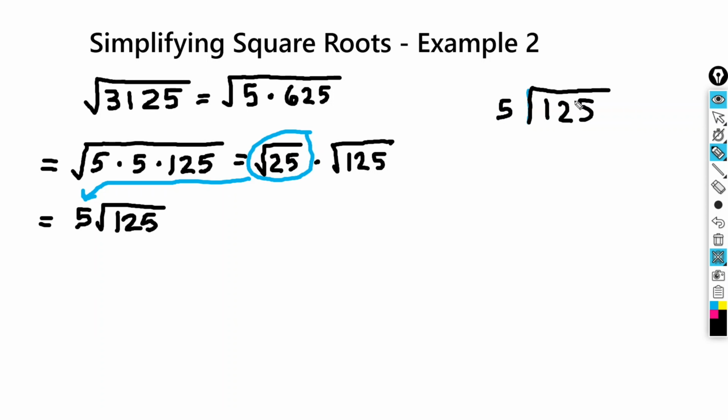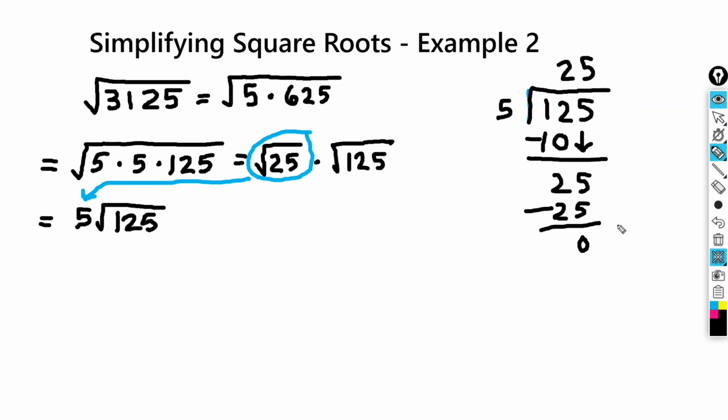So 5 goes into 12 twice. 12 minus 10 is 2. Bring down the 5. So 5 goes into 25 5 times, really. And 5 times 25 is 125.